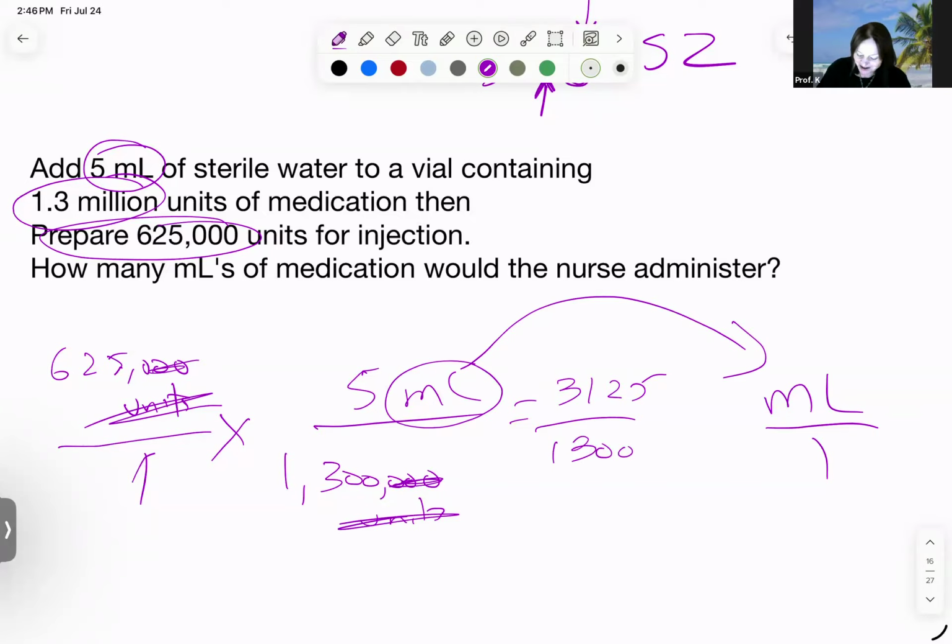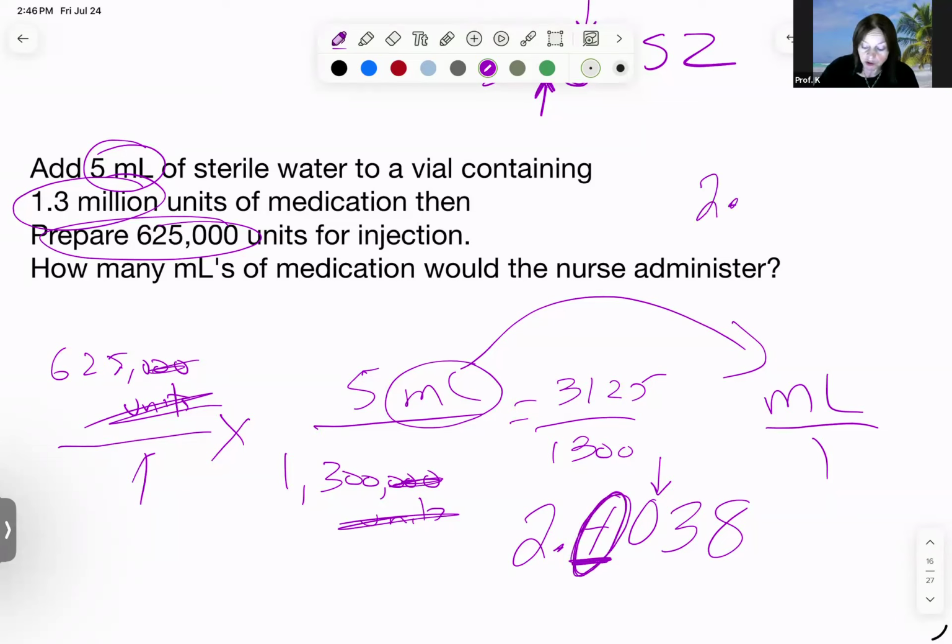When I divide, it gives me 2.4038 on my calculator. Any number between 1 and 10, we round to the tenth position. I look to the right. It's not 5 and up, so I don't change this 4 to a 5. So my answer is 2.4 milliliters.